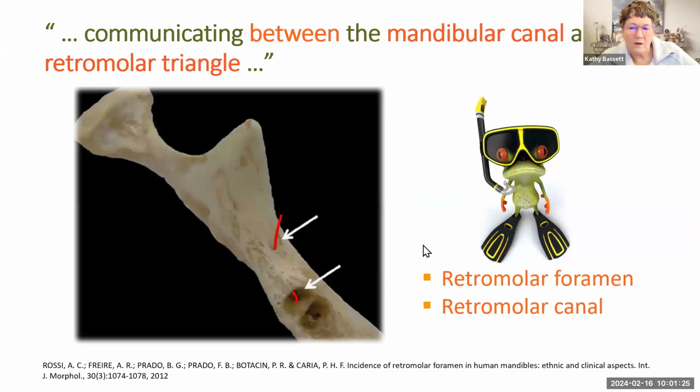This network has a communication between the mandibular canal and the retromolar triangle. And so you can see here where we've threaded a wire through this, and here is that retromolar foramina. Here's where it entered right into the apice, right at the apice of that terminal molar. It's kind of like a secret back door.